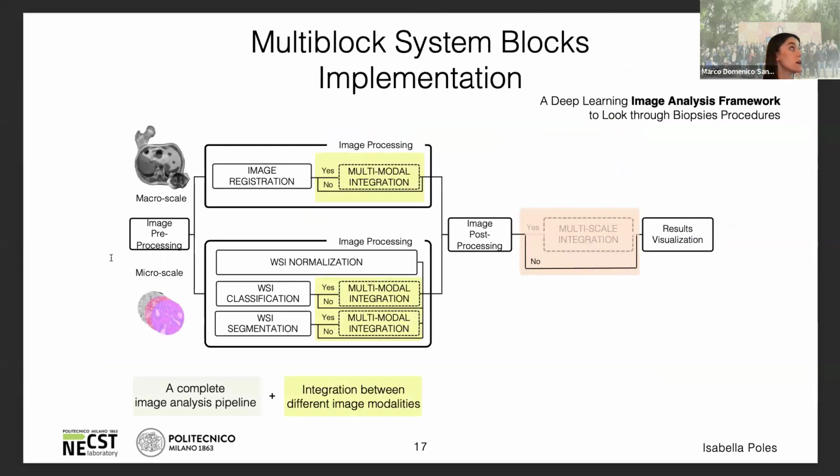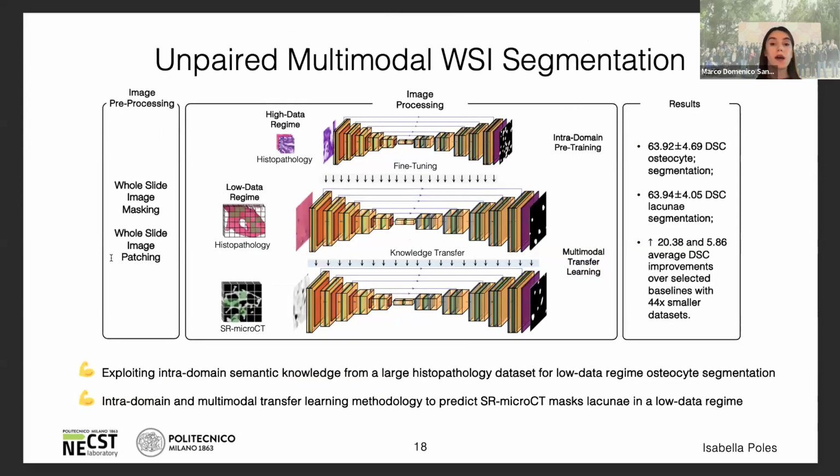So during this last year, I've also moved the first step into the multimodal integration, focusing my attention on the microscale dimensionality. In particular, I tried to exploit the intra-domain semantic knowledge that comes from training on a large histopathology dataset to perform microstructure segmentation in low data regime.